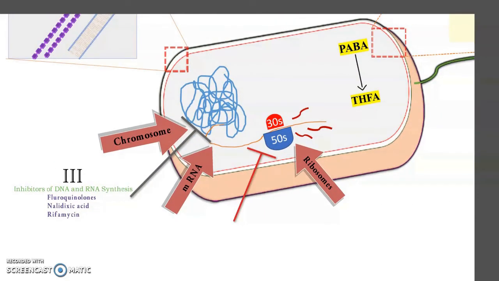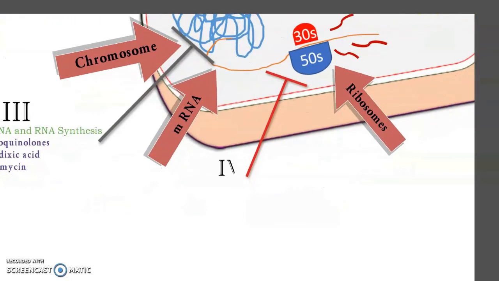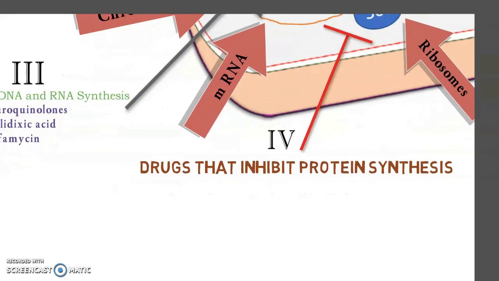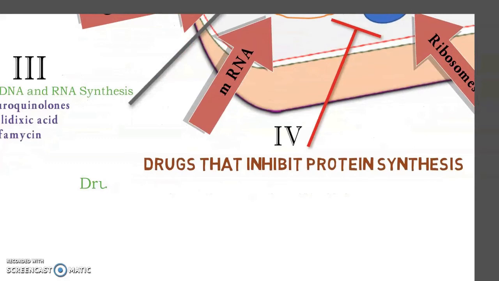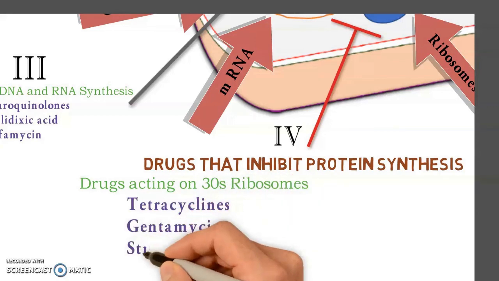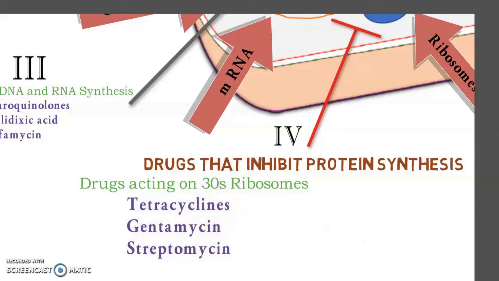The next type of drugs are the drugs that inhibit protein synthesis. We all know that proteins are essential for the maintenance of life. We'll be using certain drugs which will not allow the synthesis of proteins. To be more precise, we'll be using drugs which act specifically on the 30S subunits of ribosomes, which include the examples of tetracycline, gentamicin, and streptomycin.